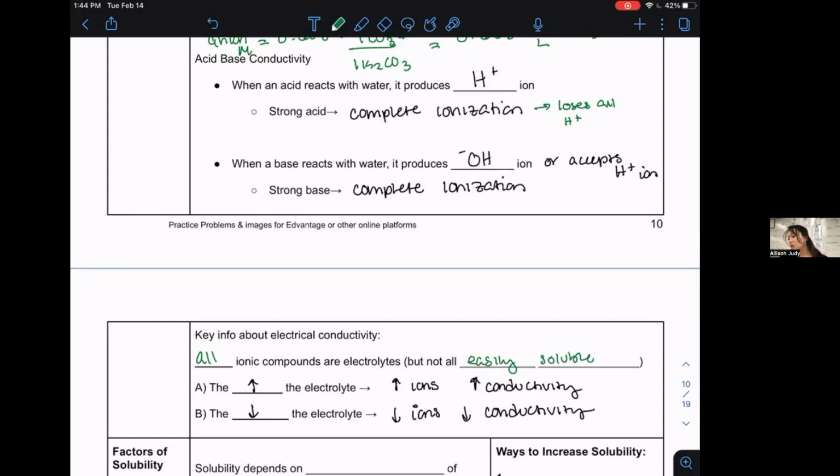Okay, the greater the electrolyte, the more ions, the greater the conductivity. The weaker the electrolyte, the less ions, the less the conductivity. So for a K2CO3 ion, you have more ions being produced, 2 moles of K and 1 mole of carbonate, compared to an HF ionic compound, which is only 1 mole of H, 1 mole of anion. You would have greater, theoretically, conductivity because more ions are being produced, which you then could quantify using your molar ratios revealed in the subscripts.